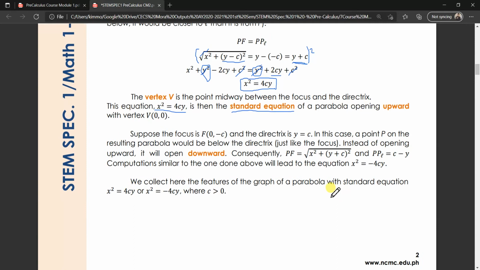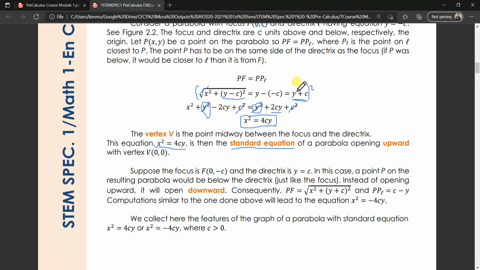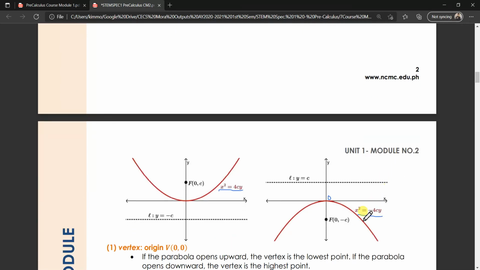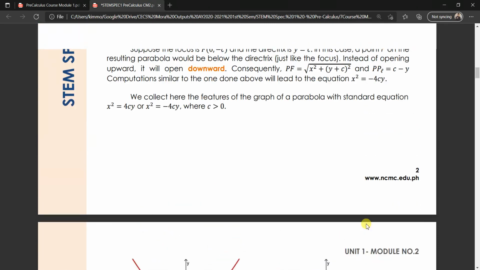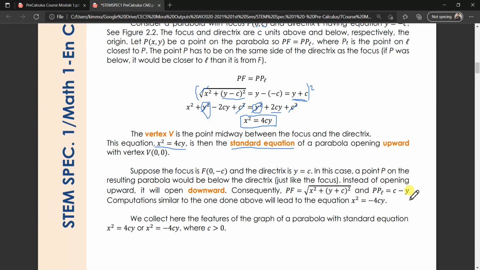So if you're going to solve that, the same process lang. So ang mabali lang ni siya ang distance sa atong point P going to our point L. So for example, this is our point P, then padulong sa atong point L. So ang distance ana is this is c nga distance, and this one is negative y nga distance. So ang mahitabo, instead of c plus y, mahitabo is mao na siyang c minus y. Then sa pikas side, instead nga y minus c, mao na siyang y plus c.